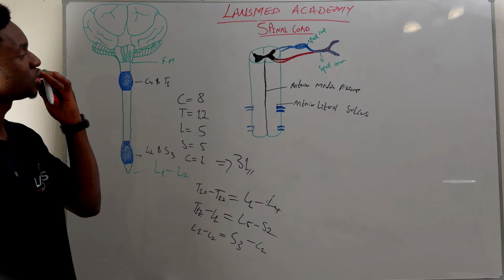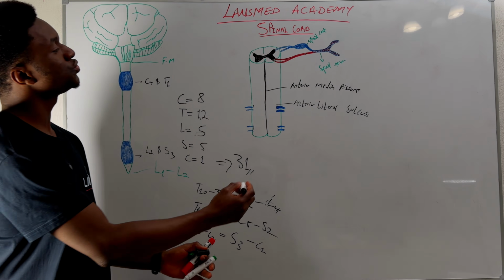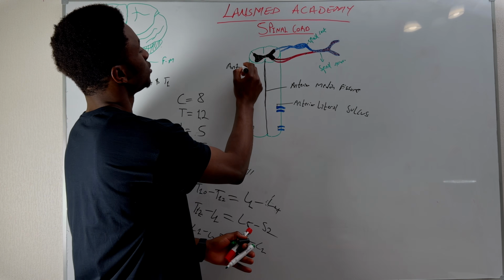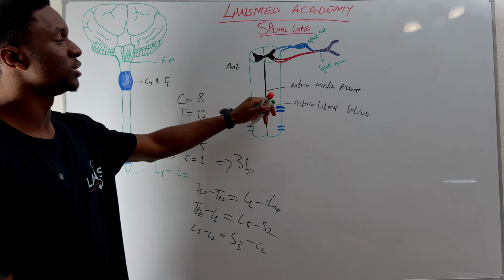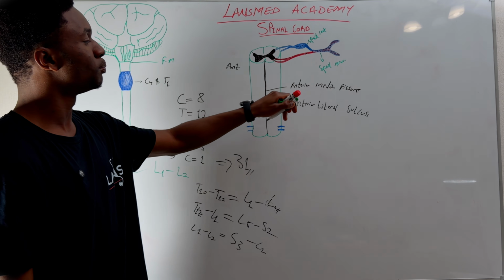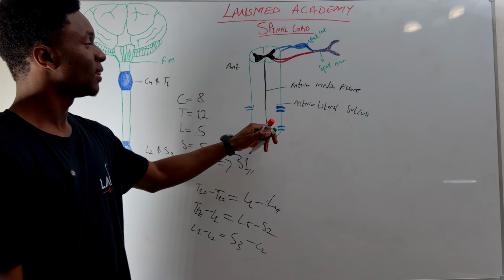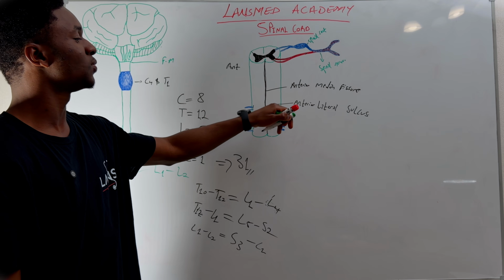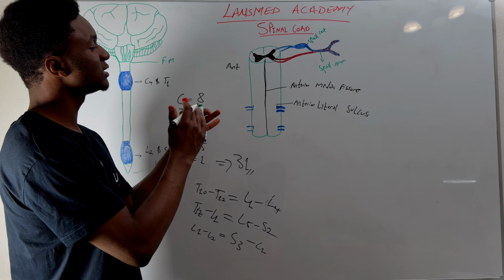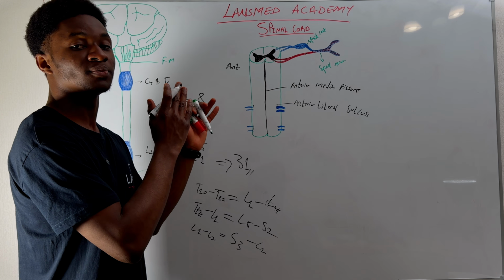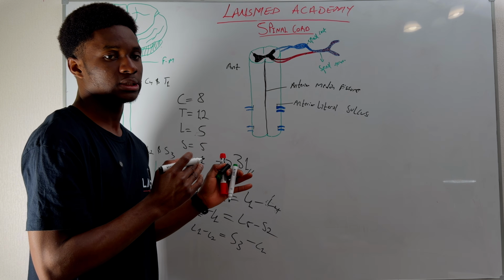And the next structure you want to look at in the external view, posteriorly, just like we have this anterior view, you will have the posterior median sulcus. And posteriorly you will also find the posterior lateral sulcus. So this is one thing I want you to get from the external structure of the spinal cord.